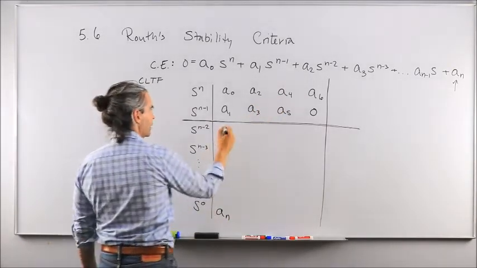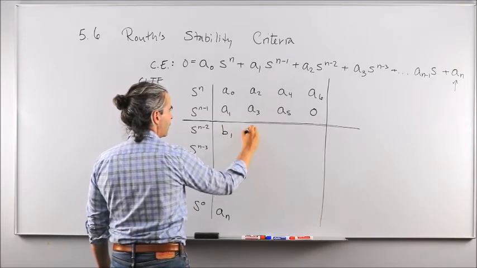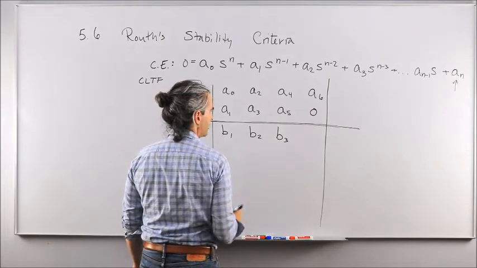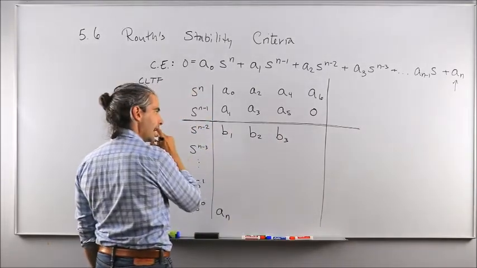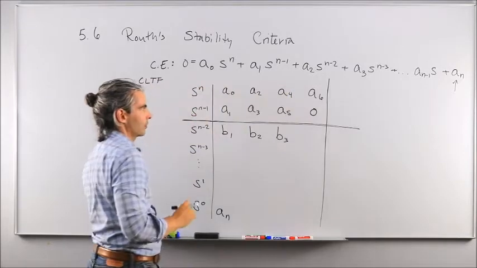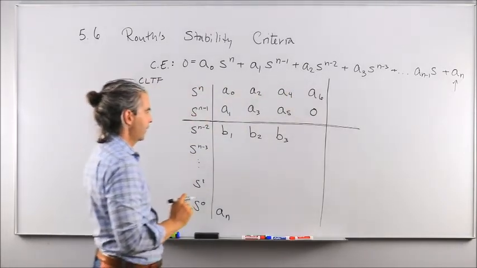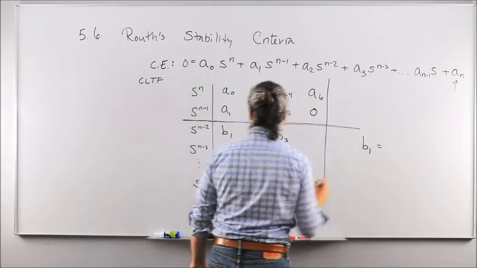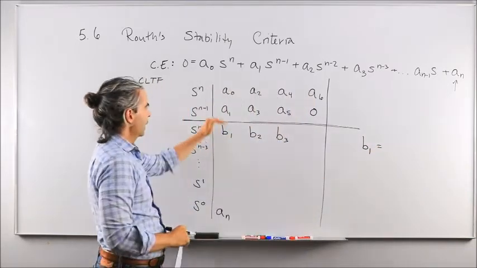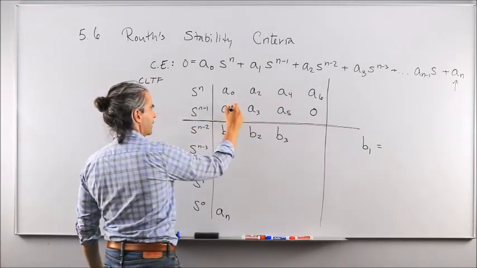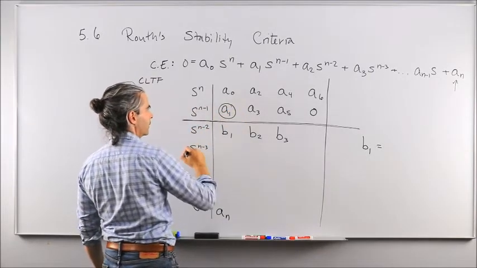All right. So let's call these B1, B2, B3, and let's see how we can calculate them based on what we filled the first 2 rows with. Okay? So B1, you have to look at the row immediately above, and you get that coefficient A1.